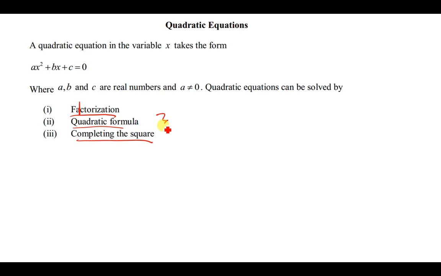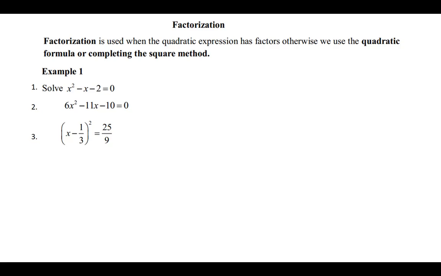The quadratic formula and the completing the square method are similar, such that the completing the square method is the one we use to derive the quadratic formula. So let's quickly look at some examples. When you are given any quadratic equation and you discover that it's not factorizable, then you have to use the quadratic formula or the completing the square method.